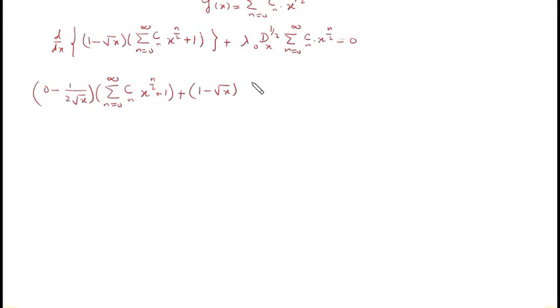It becomes summation cn, take the power down, n by 2, and x to the power n by 2 minus 1.